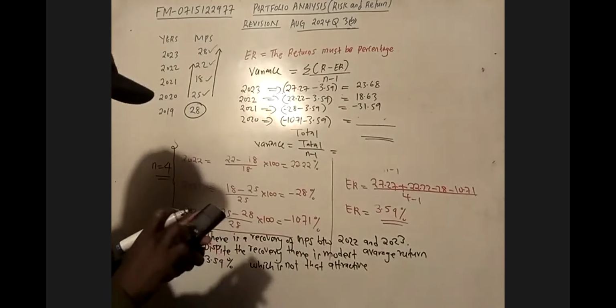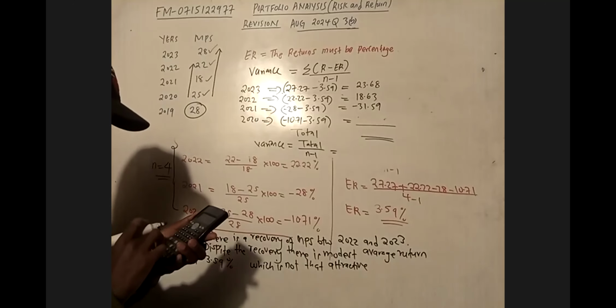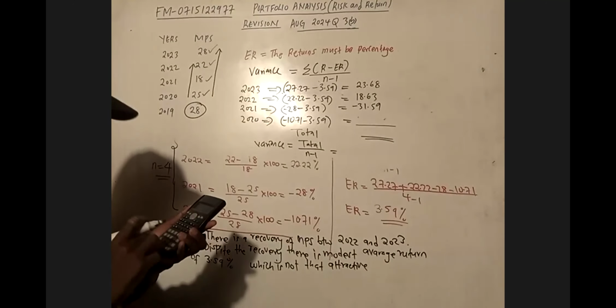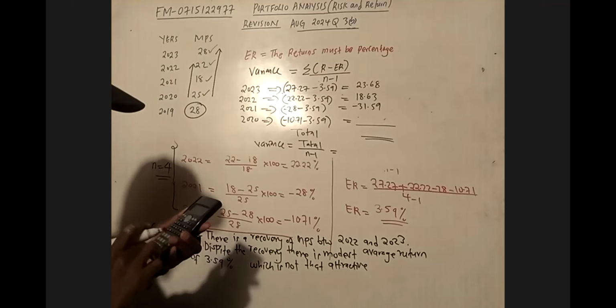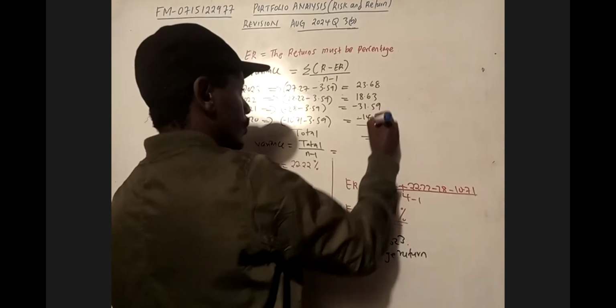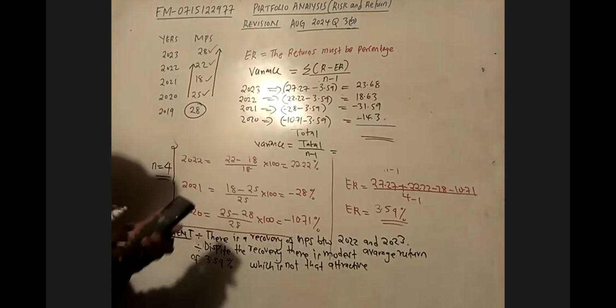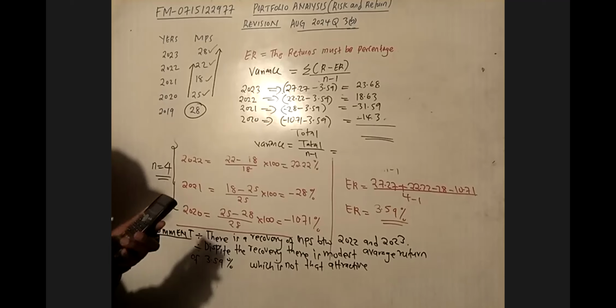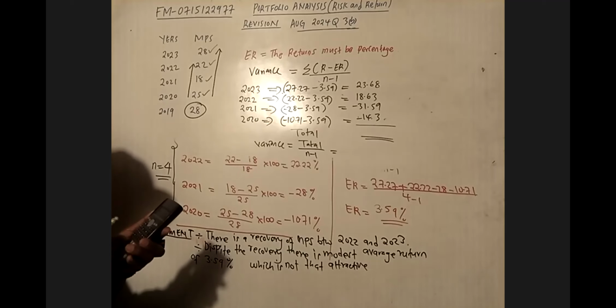Then your 2020 is minus 10.71 minus 3.59, minus 14.3. So we add them together with a quantity, 23.68 plus 18.